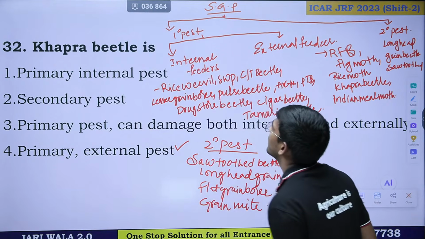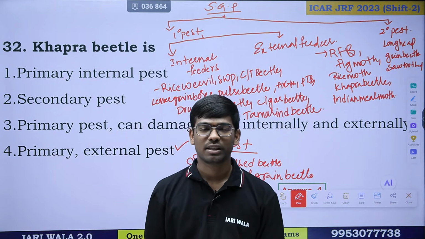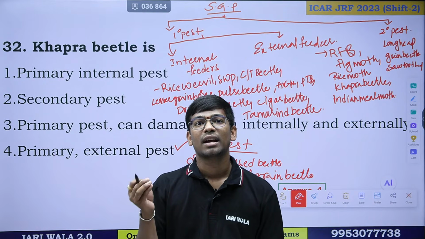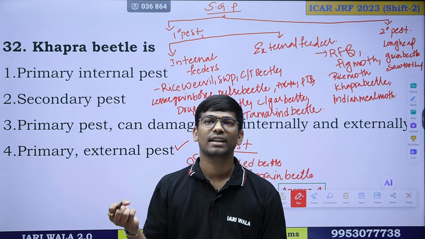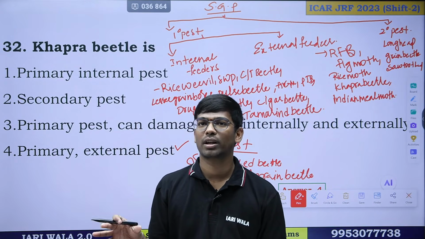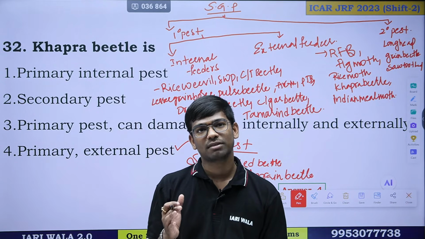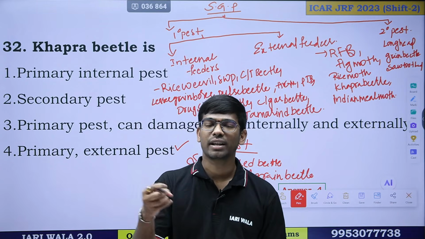That we will classify the stored grain pest into the primary pest and secondary pest. Primary pest means the pest which attacks the sound grains, and secondary pest will attack the damaged or secondary products of the produce, not the sound grains. So again the primary pest we will classify as internal feeders, which feed internally, and external feeders.